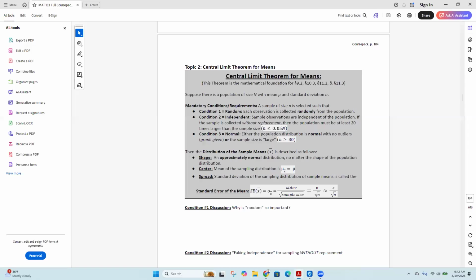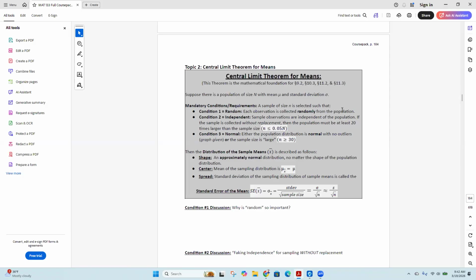Random just means that each observation is collected randomly from the population. You have to take a random sample. In chapter one, we've done a lot of definition stuff where we talked about biases in samples, right? Biases will make it so that your sample does not represent your population very well.